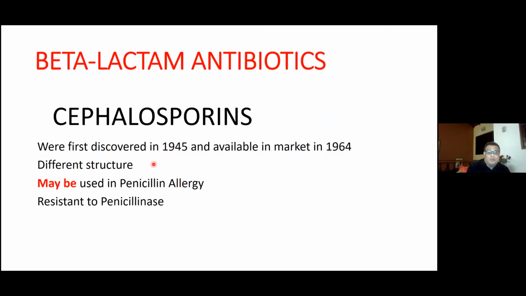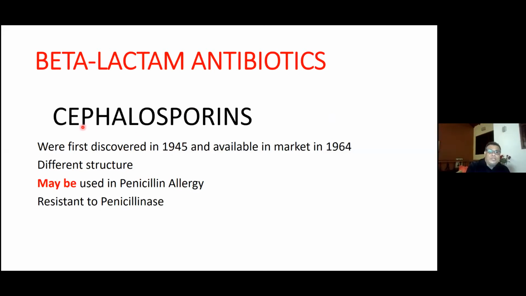Actually, there is a cross sensitivity. About 5 to 10% of penicillin allergy patients can be allergic to cephalosporin, but still 90% are not. So it's up to the clinician to decide whether cephalosporin can be used in penicillin allergic situations.